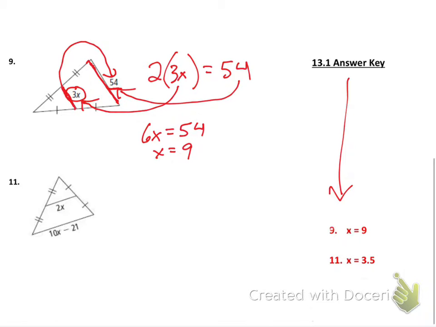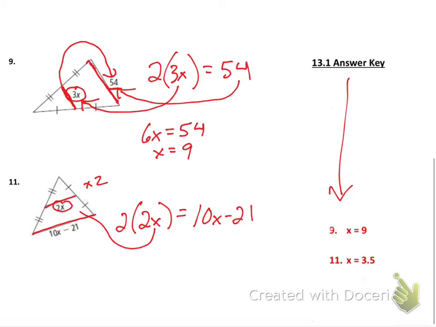Then the last one, here's my mid-segment, here's my base. So obviously the mid-segment is only half as big as the base. So I'm going to have to take the mid-segment and multiply it by 2. So I'll have 2 times 2x is equal to 10x minus 21.